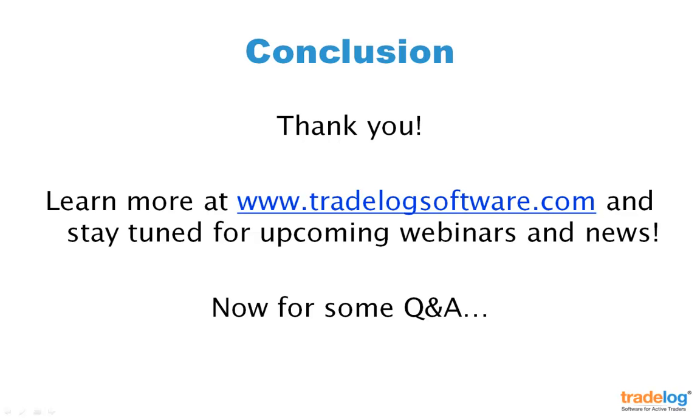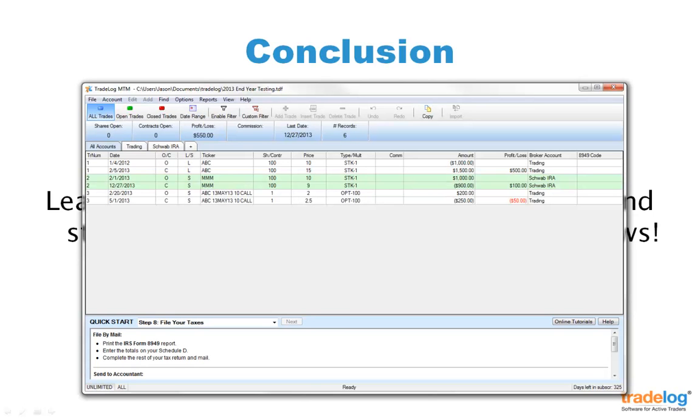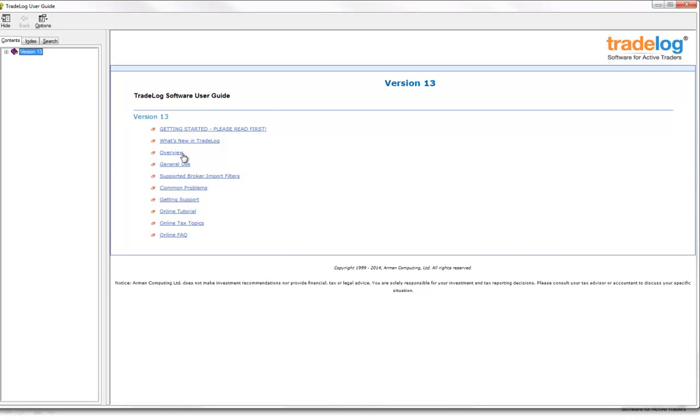Okay, so some of the questions are about if you're using an e-file solution such as TurboTax or TaxAct. Of course, you can use TradeLog to e-file. One thing you will notice in our user guide, right now with the initial release of version 13, which happened late last week, we don't have all of the instructions updated for using TurboTax and TaxAct.